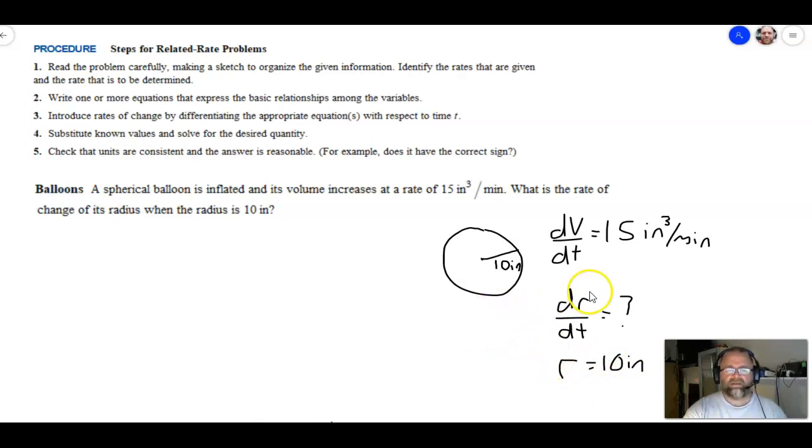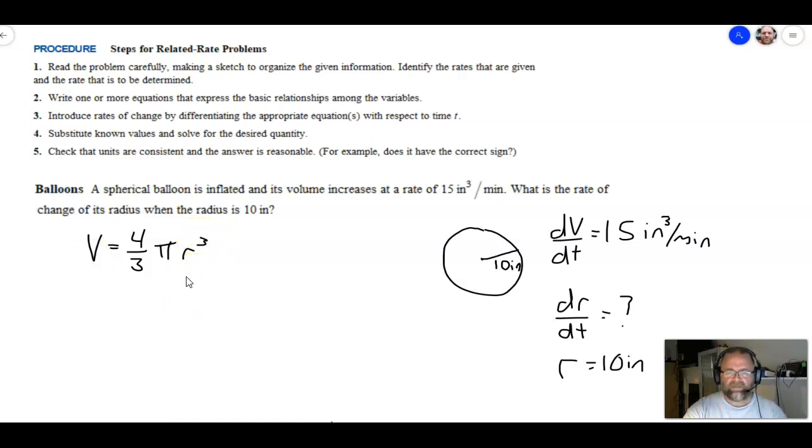So what formula pulls all of these together, the volume and the radius? Well, that's just the volume of a sphere, which is 4/3 pi r cubed.